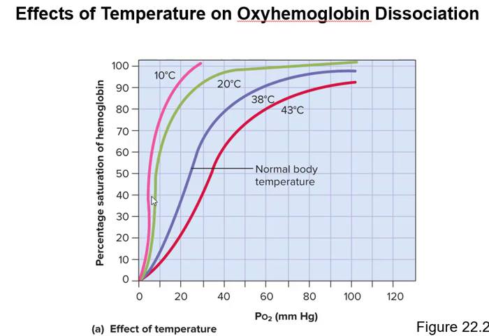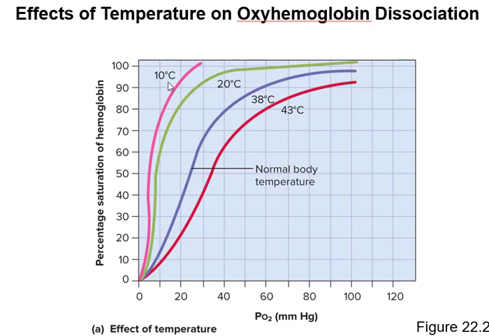This is just a graphical representation showing you at lower temperatures, you're not going to get as much oxygen to come off. And as you increase the temperature, you're going to get more and more oxygen that's released. So 38 degrees Celsius is normal body temperature for humans. 43, that's not even normal.